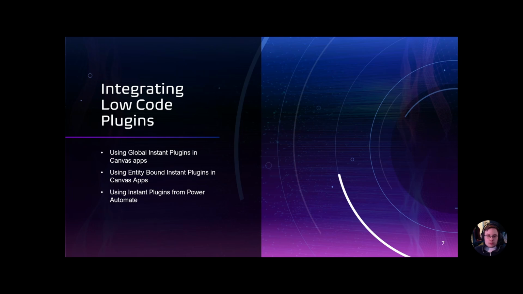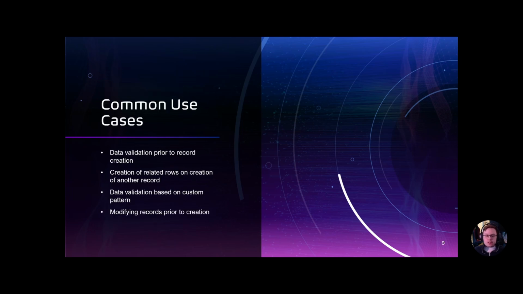So, common use cases. One of the most common things we see low-code plugins being used for is data validation prior to record creation. Now, I know that we have an element of this already present within Dataverse when we look at things like the URL columns and the email columns that we can add.